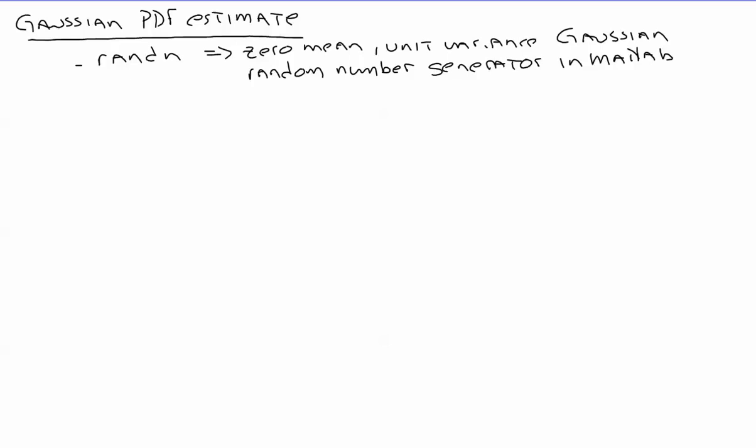But what if I want to generate Gaussian distributed data with any other mean and variance?